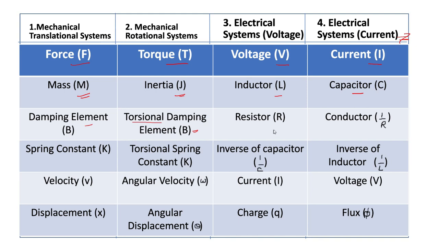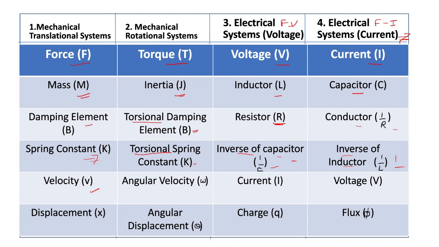But in electrical system it becomes resistor R in voltage and conductor, which is 1 upon R, in current. Then spring element also remains same in rotational system but with the added adjective of torsional, and in electrical system it becomes 1 upon C, means inverse of capacitor in voltage analogy, but in current analogy it becomes 1 upon inductor, which is inverse of inductor.